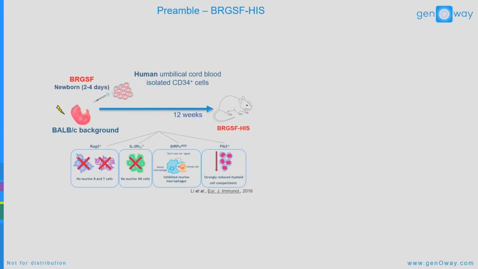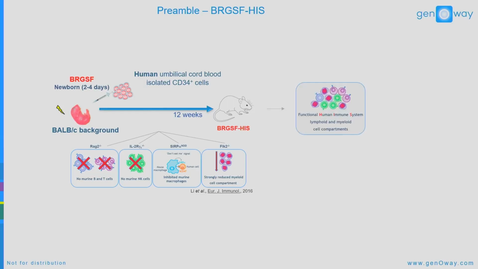These animals have a knockout of a gene called FLT3, also known as FLK2, and that FLT3 knockout results in a reduced mouse myeloid compartment. That reduced mouse myeloid compartment frees up a niche for the human cells to develop upon reconstitution with cord blood cells. So when the mice are reconstituted with cord blood cells, they will develop a human immune system.